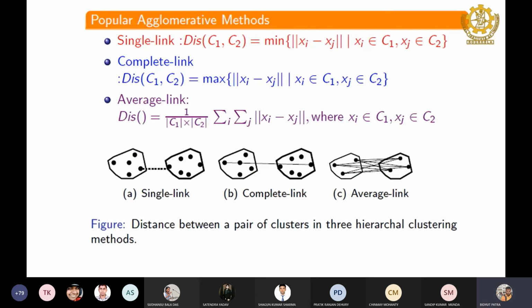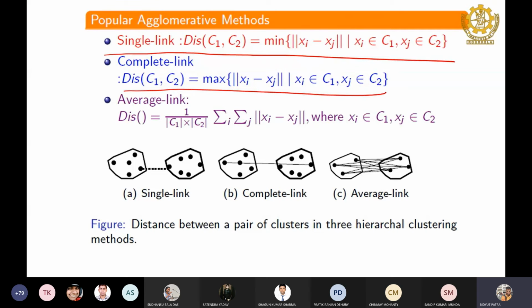There are three major ways that we can compute the distance. If we compute the distance in this strategy, then we say the agglomerative approach is the single link or single linkage approach. If we compute the distance in this fashion, then it is called the complete linkage method.